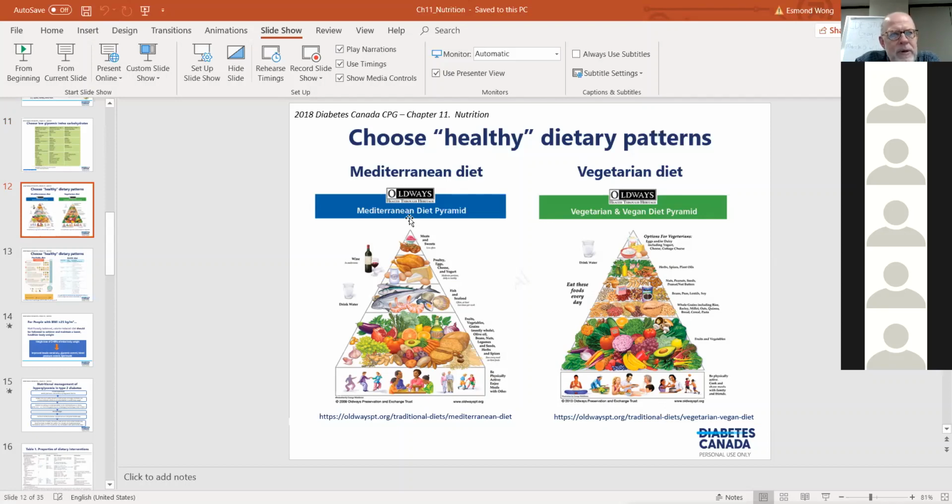It incorporates guidelines for high cholesterol as well as including nuts, low-fat dairy products. It includes fruits and vegetables like they all do. So it's all very similar, I would say. But these are the recognized patterns within Diabetes Canada. There are many others that I'm sure are just as good, just haven't been studied.